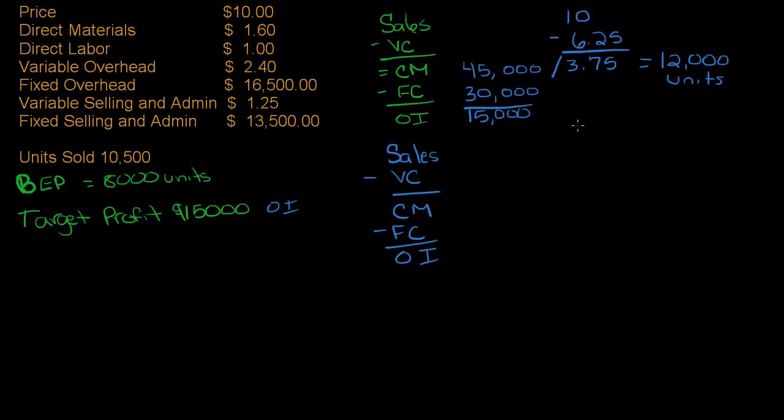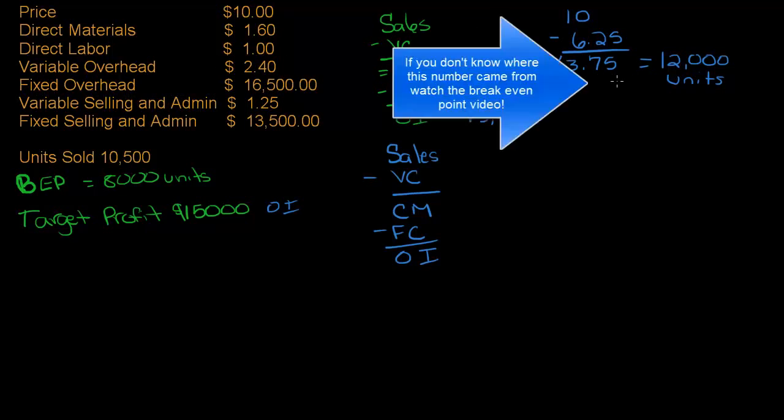Well, remember my contribution margin ratio? We determined that my contribution margin ratio is 37.5%. My variable cost ratio is 62.5%. Okay, so let's use the ratio.